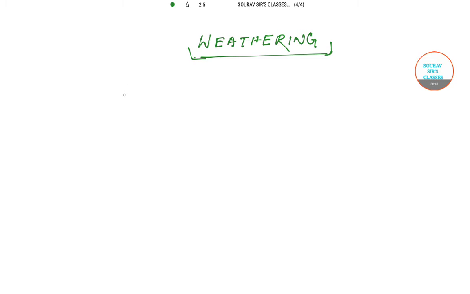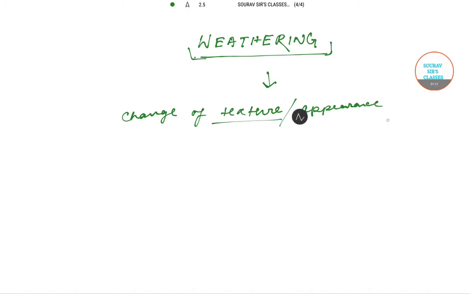If I say in a normal manner, then weathering means the change of texture or the appearance, we can say the change of texture and the change of appearance of the atmosphere.